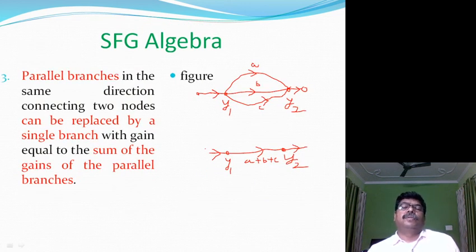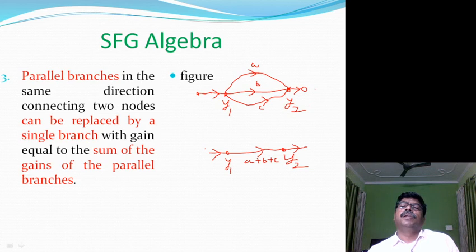Now the third rule is for parallel branches. Here there are three parallel branches connected to the node between the node y1 and y2, having path gains of A, B and C. So these parallel branches can be represented by simply a branch having a path gain of A plus B plus C. So here the output will be the same as this.